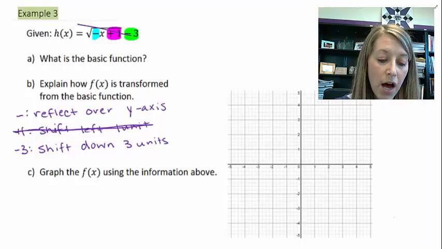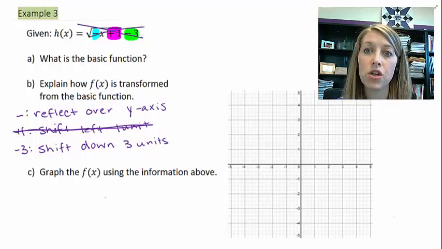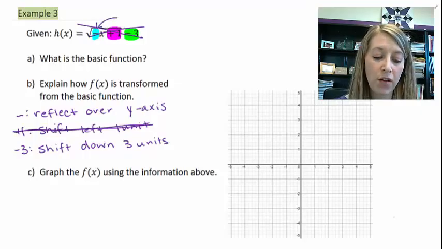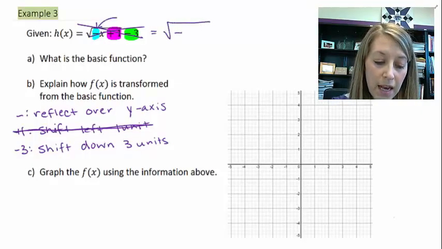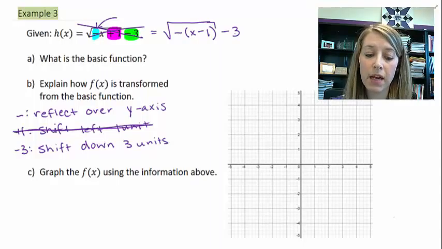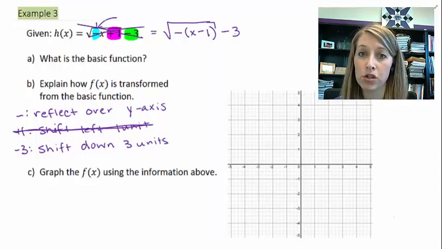So this is not the proper way to view this function when we're looking at transformations. What we want to do is factor out that negative. So the better way to see this is a negative times h minus 1 and then the minus 3 on the outside. And now I have it in terms of multiplication before addition or subtraction.